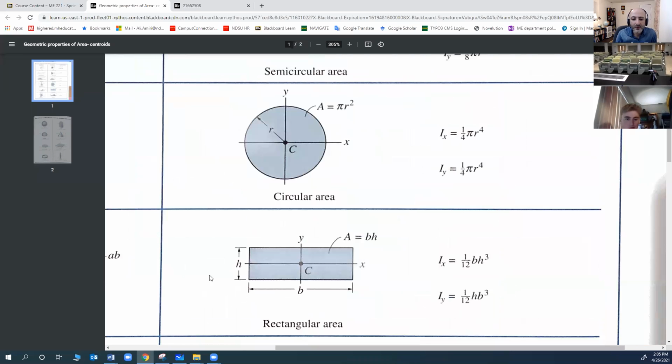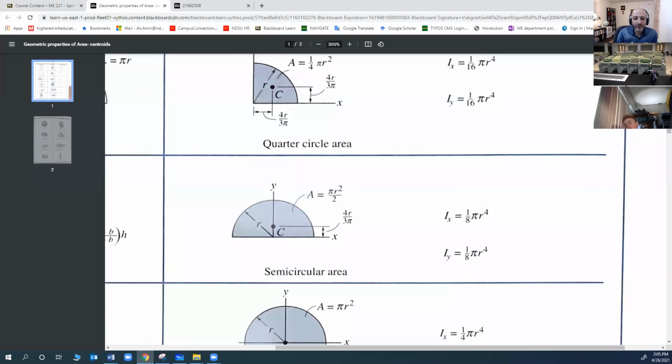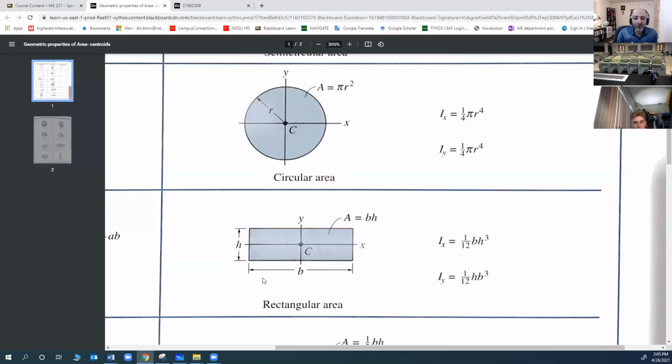All right, so it says I about x for a rectangle is 1 over 12 b, which is this length, h cubed. I about the y-axis equals 1 over 12 h b cubed. But one thing you have to pay attention to is that it's about the x-axis.